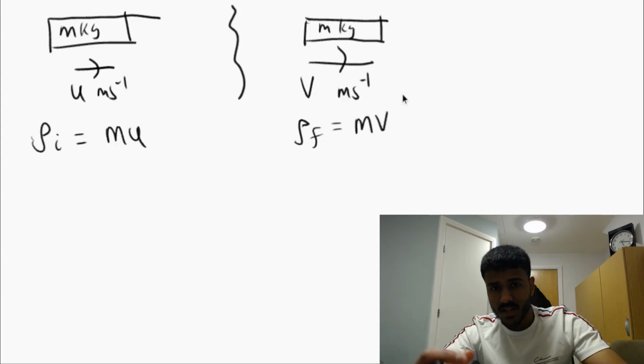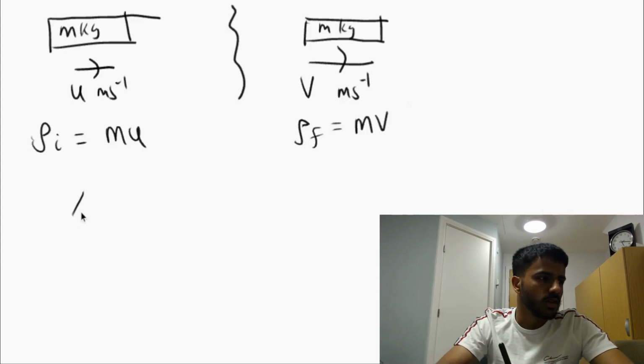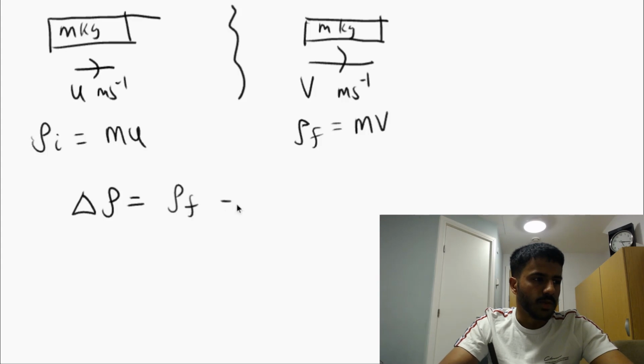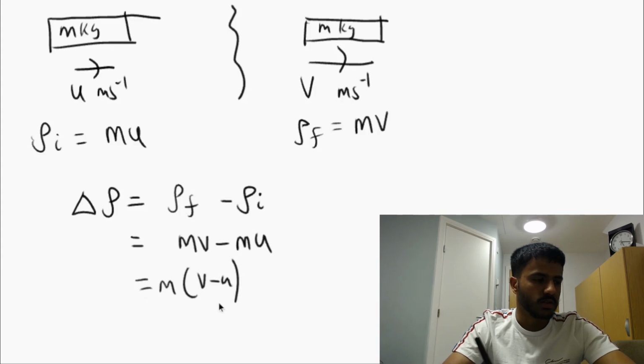So if I wanted to find the change in momentum of this object before and after the event, well, the change in momentum is equal to the final momentum minus the initial momentum, which is therefore equal to mv minus mu. And you could even factorize out the m to get (v minus u) times m.